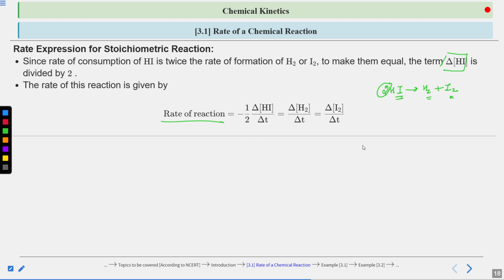So here 2 is present with HI, so the rate of concentration change of HI will be multiplied by minus 1 by 2, because it is the reactant, which is decreasing. So this is also equal to delta H2 by del T. This is positive because the product is forming, and it is also equal to delta I2, that is the formation rate of I2, divided by delta T, right? So this is the rate of reaction for the given reaction.